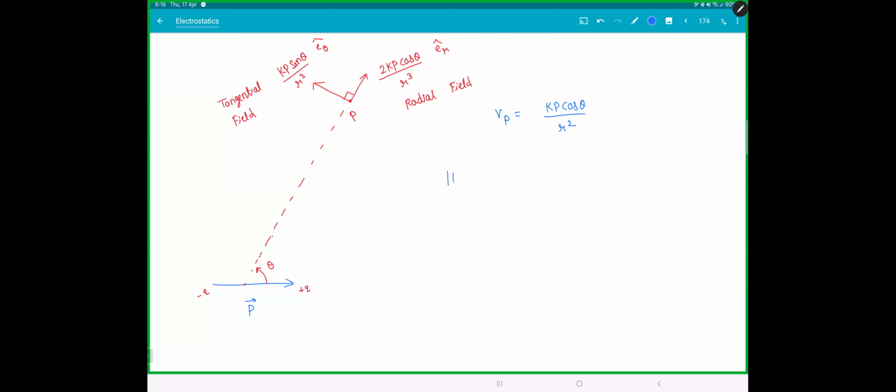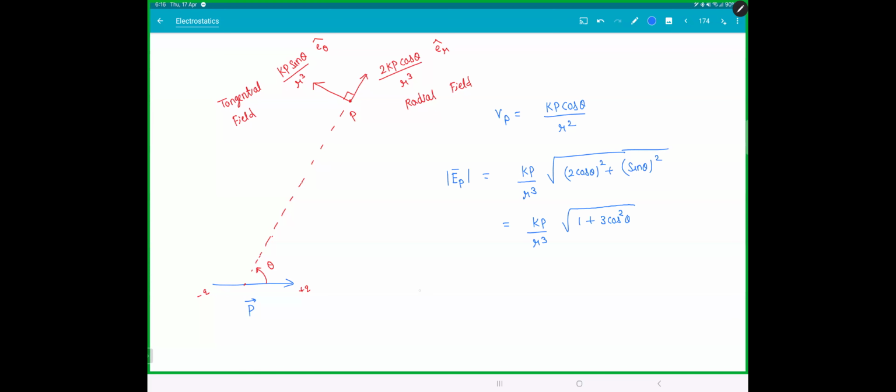Field is this. If you want to find the magnitude of the field, you can square them and add them because both are perpendicular. You end up with kp by r cube root over 2 cos theta square plus sin theta square. There, that is the magnitude of the field at a point.